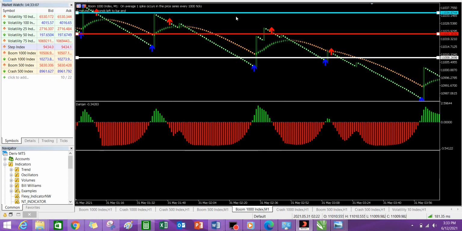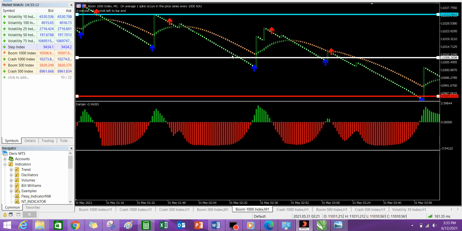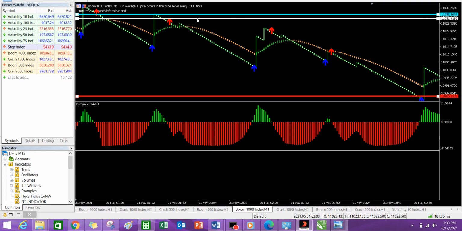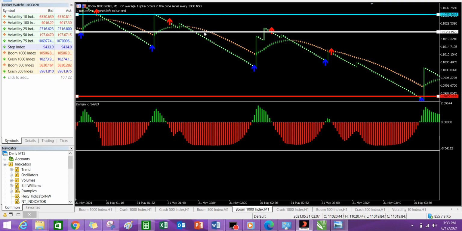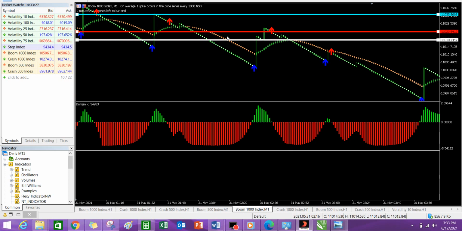This is our entry point, the light blue, and I'm going to hide this for now. The red is not there for now. This is our price action. It started from the entry point and started going up and up and up. We can introduce our stop loss right here. I'm still teaching you something.